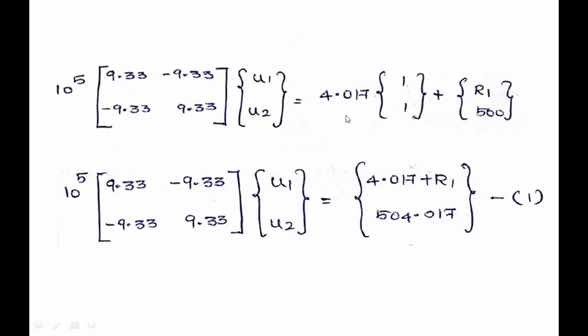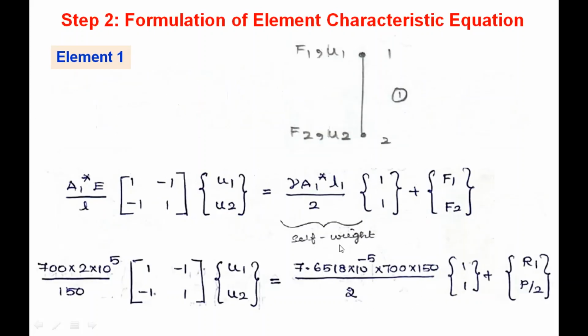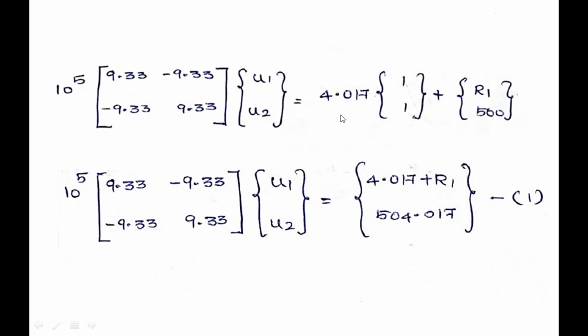Here the self weight value, after multiplying, we get 4.017 Newton as the self weight, plus R1, and the total load P is 1 kilonewton, so P by 2 is 500 Newton. When you add these two forces on the right hand side, you will get 4.017 plus R1, and 500 plus this one, 504.017. So this is the first element characteristic equation.